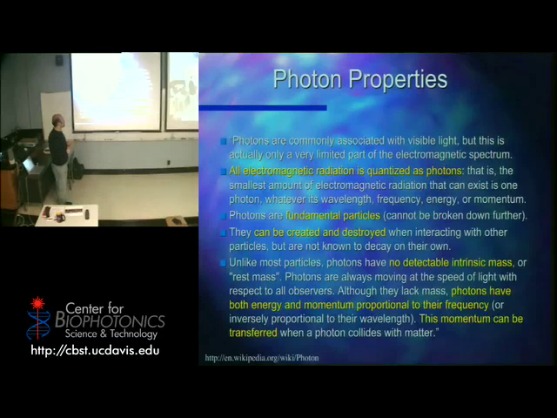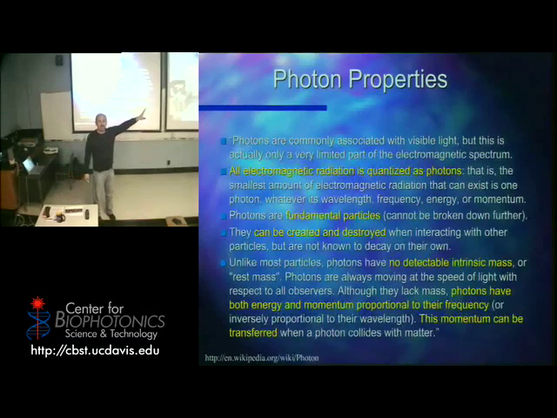Photons are fundamental particles. That means we cannot break them down further. They can be created and destroyed based on interacting with each other, but they don't decay on their own. So that star way out there, billions of light years away, that we're seeing, the photons that left that star have traveled for billions of years without decaying.